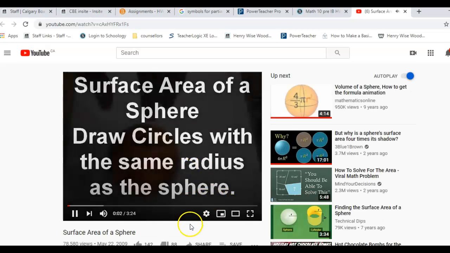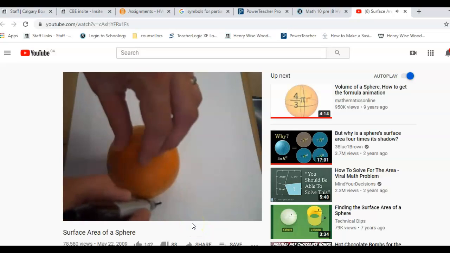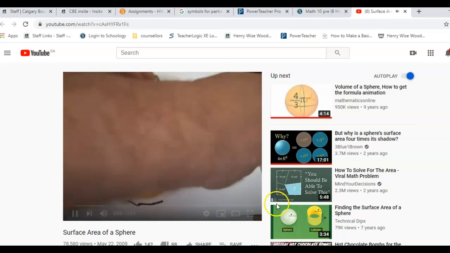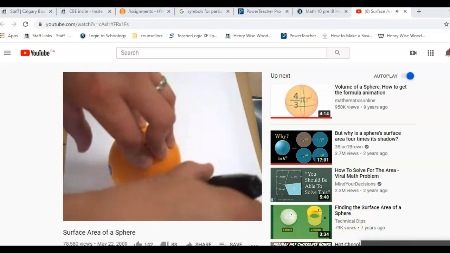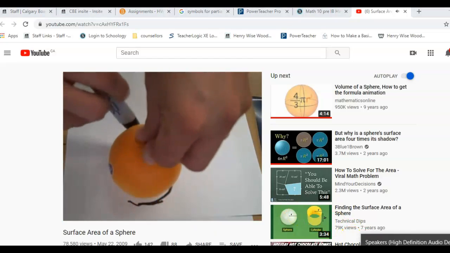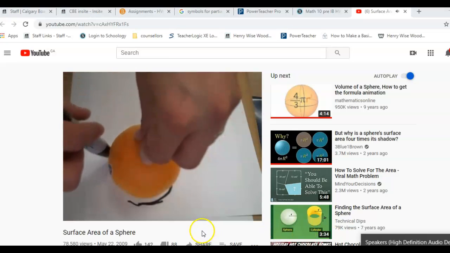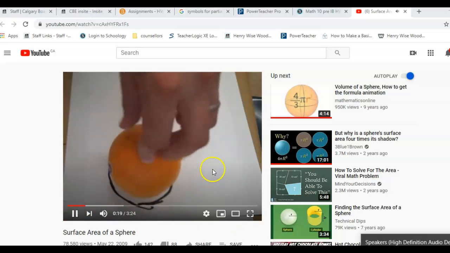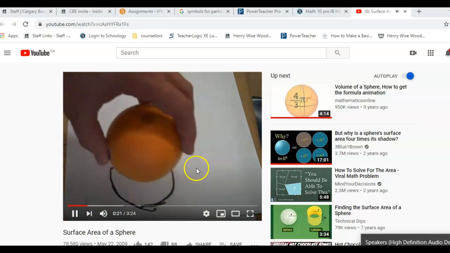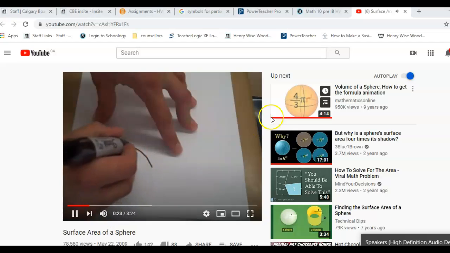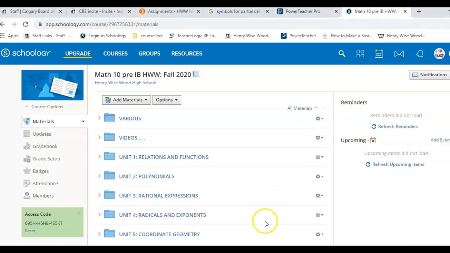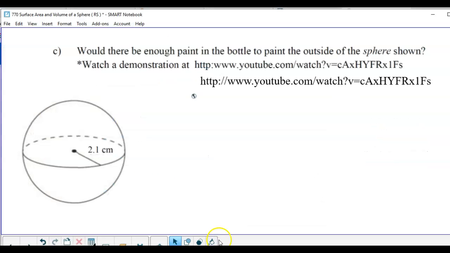Yeah, it does. It's got some fun music, but basically it's estimating the surface area of a sphere. So I think you've probably done that before with an orange peel, but I'll let you watch that. So I'm going to close out of that.